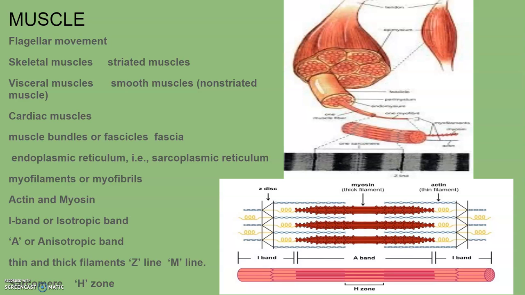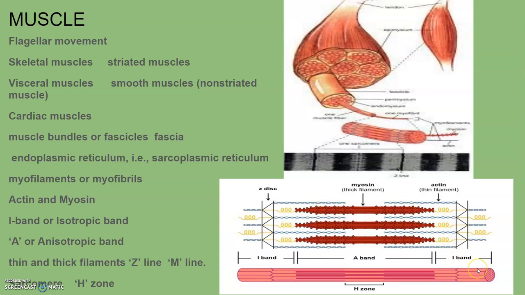Their appearance is due to the distribution of these two important proteins which are called actin as well as myosin. You can see here these are thin filaments and these are thick filaments, which are called actin and myosin. So the light bands contain actin, and they are also called I bands.